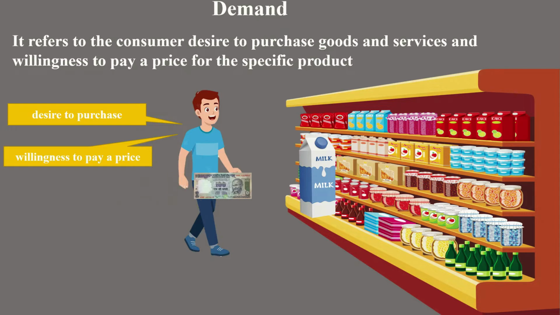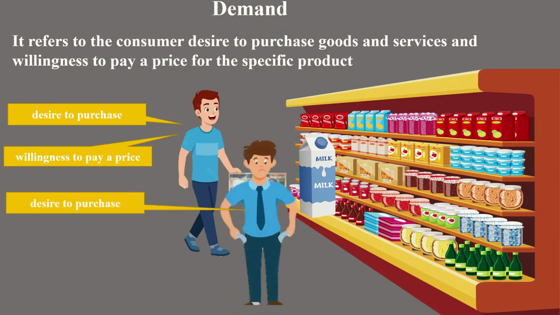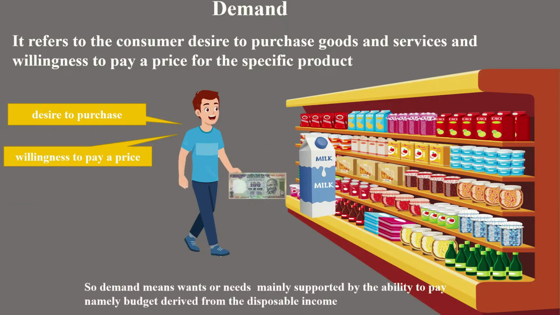In the other case, if a person has a desire to purchase the same milk, but he cannot pay the price for it, it will not be considered as effective demand. So, we can say that demand means wants or needs mainly supported by the ability to pay, namely budget derived from the disposable income.